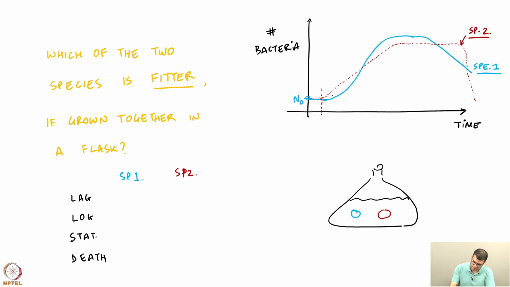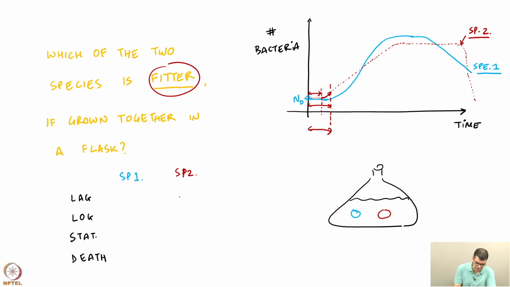However, if I am looking at the end of log phase of species 1, then I note that the log phase associated with species 1 is longer compared to the log phase associated with species 2. So, by the time species 1 starts to grow, species 2 has already started growing for some time, and as a result, if the comparison for fitness is made at this point, then species 2 is fitter than species 1.